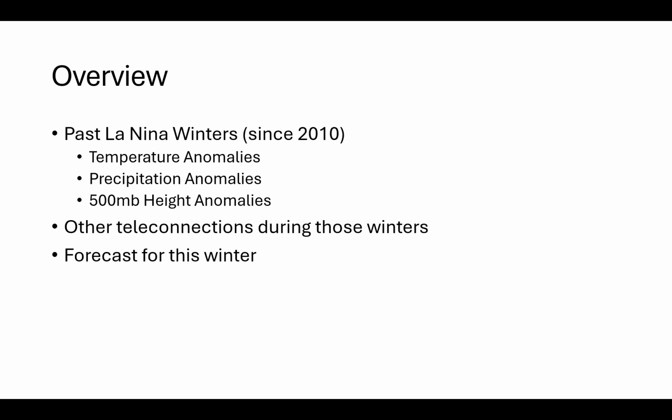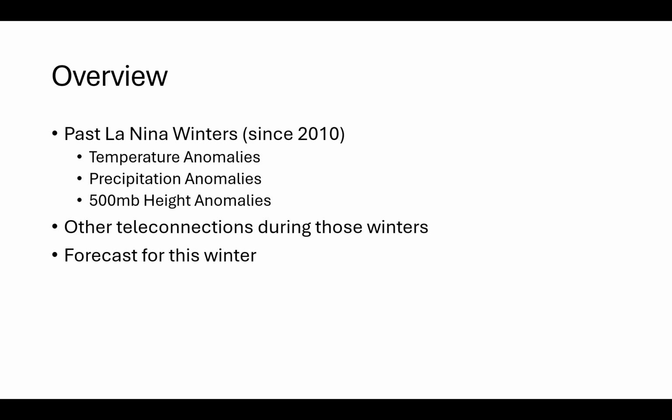We are going to look at past La Nina winters, and I'm only going to go back to 2010. Now, why am I limiting my sample size here? You're probably asking, why don't I go back further than 2010 to get a larger sample size? Completely understood. But what I believe really firmly is that things have drastically changed since 2010 as far as these warmer winters go.